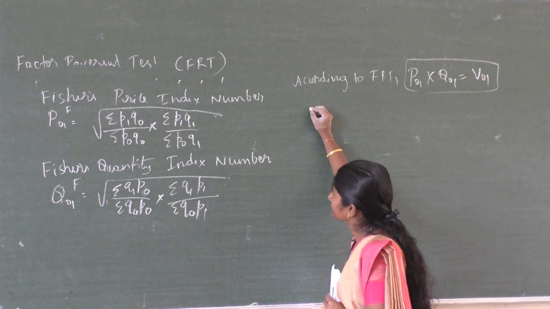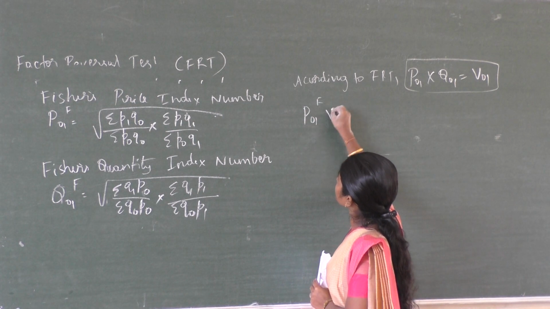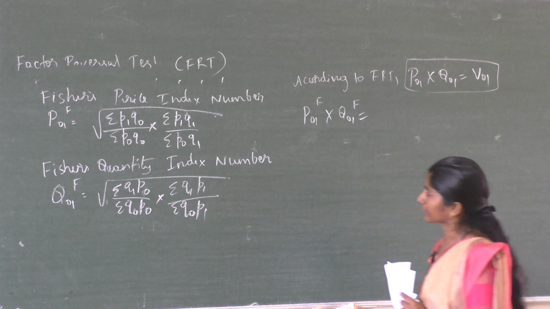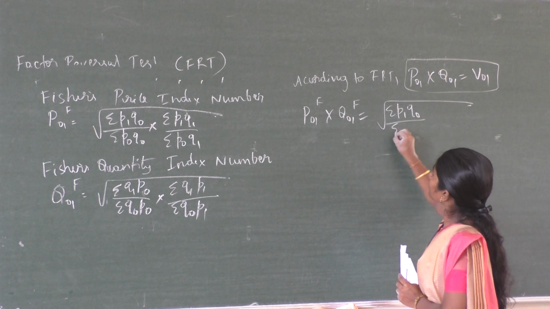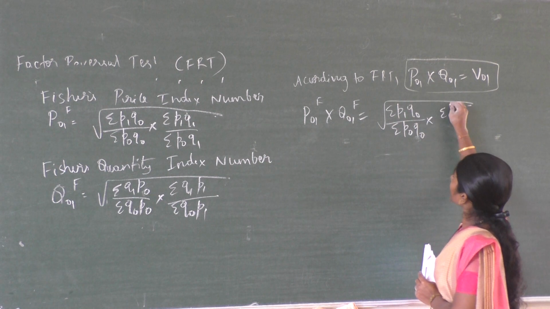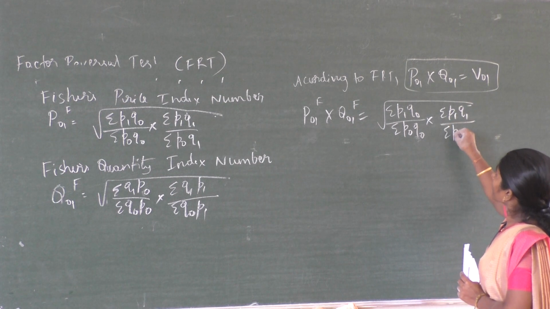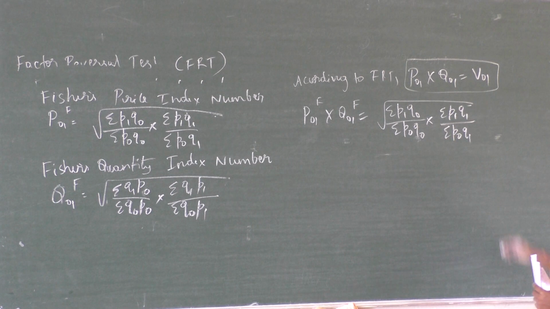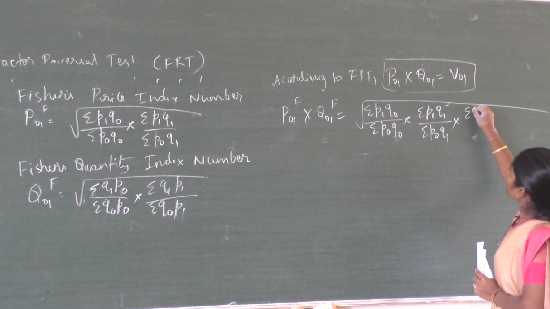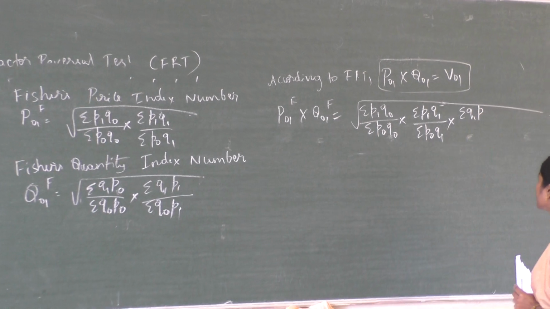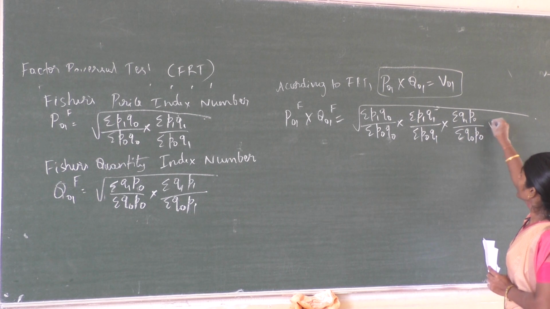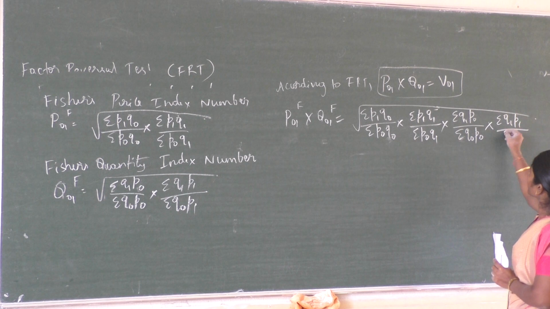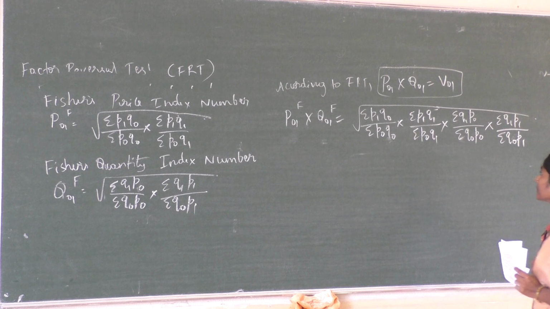Next, P01 of Fisher's into Q01 of Fisher's is equal to, we'll write that one, P1 Q0 into, and so on, like this way.